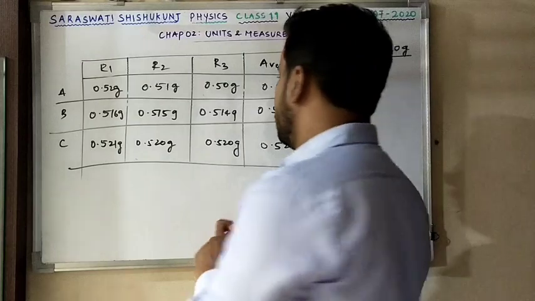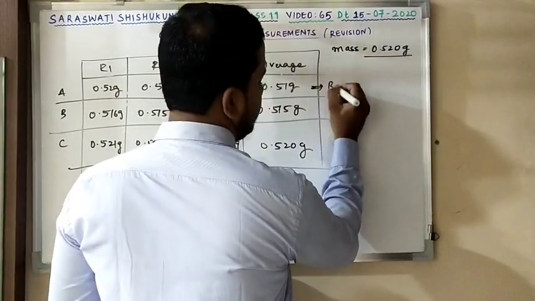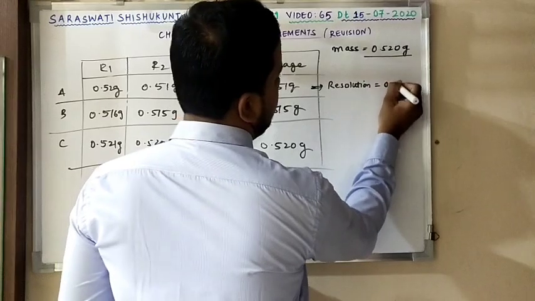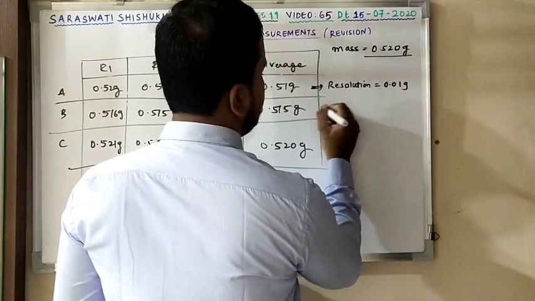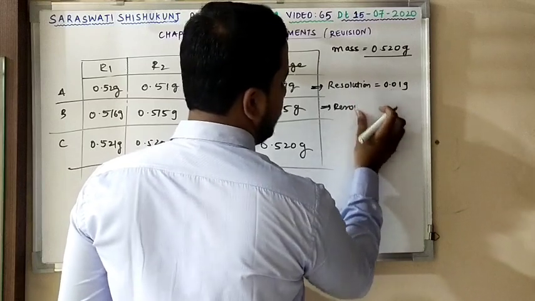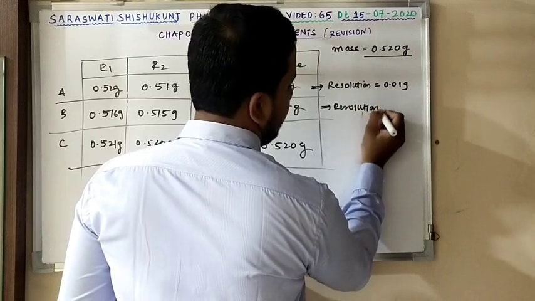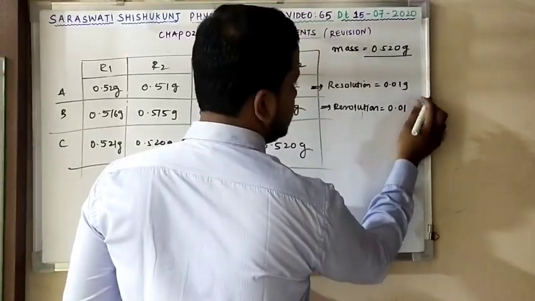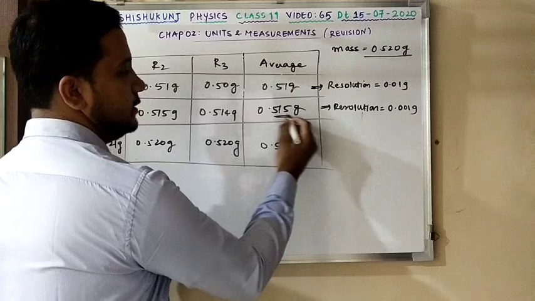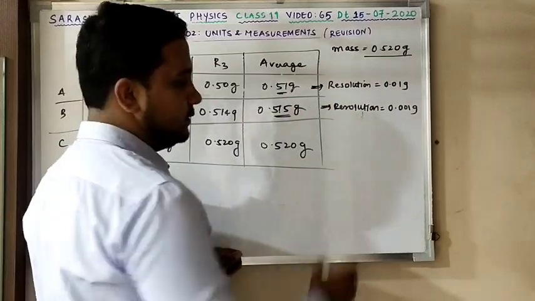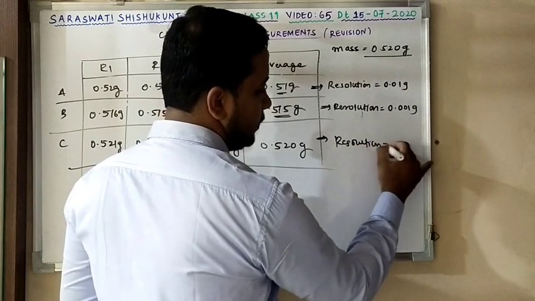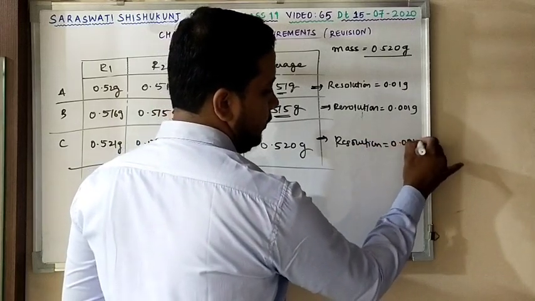Here we can notice one thing, that is resolution. The resolution of the instrument for A is 0.01 grams. Here the resolution is 0.001 grams. Yes or no? See, three decimal places, 0.001; here two, so 0.01 grams. So here the resolution of the instrument is 0.001 grams.